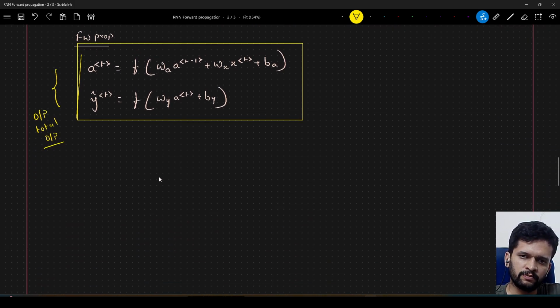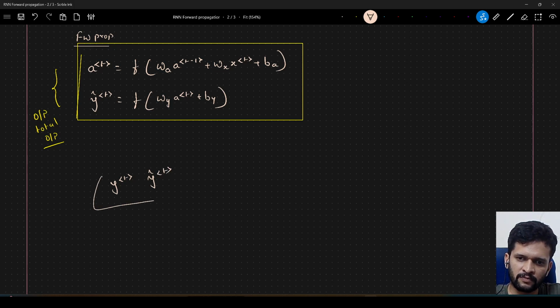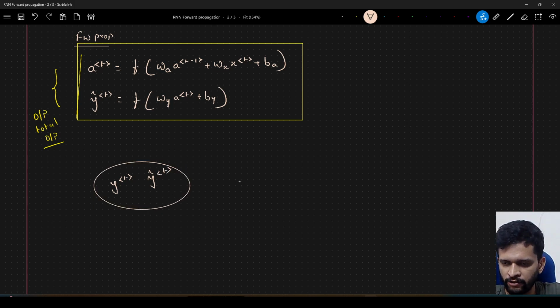Now we need to define a cost function, or you can call it a loss function, where we compare the output at time step t with our predictions at time step t. For an individual time step, let's represent it as L of t, the loss at time step t.